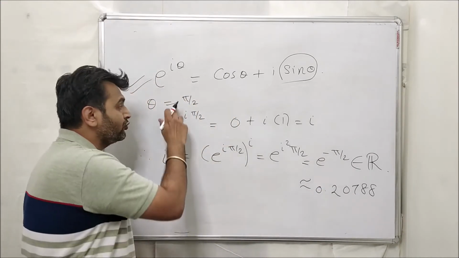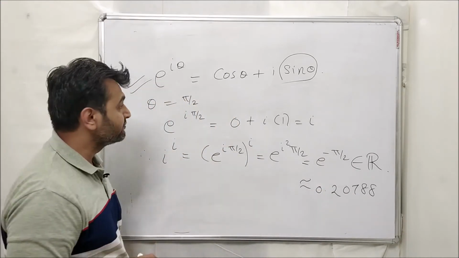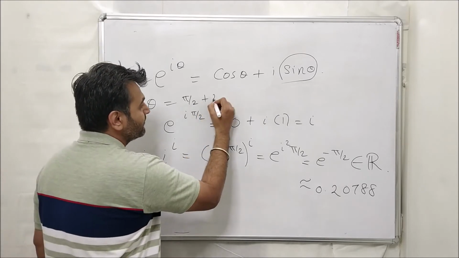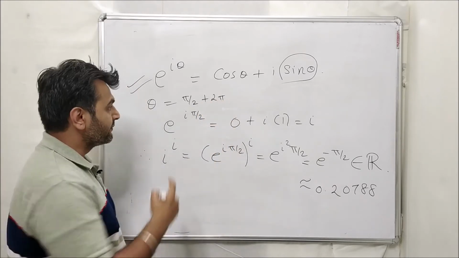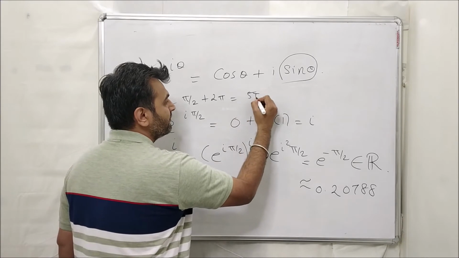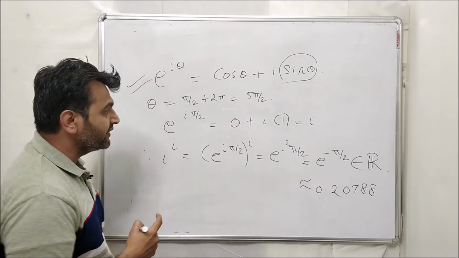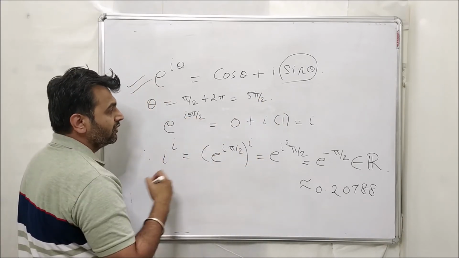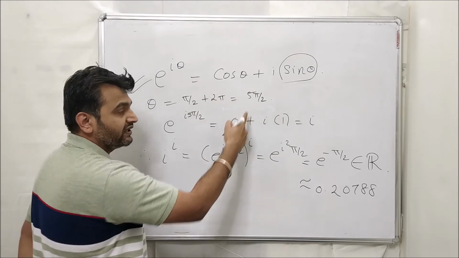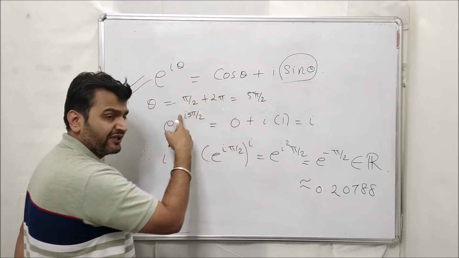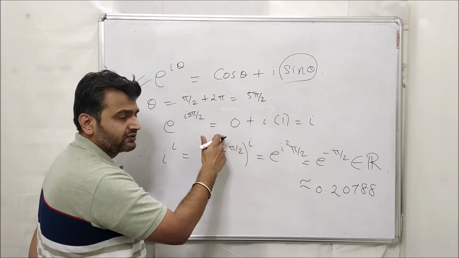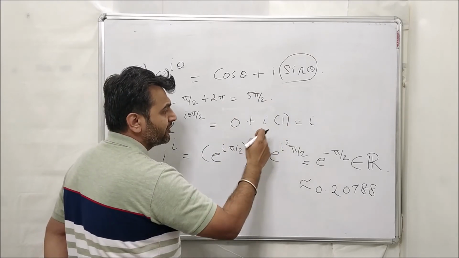So here I took pi by 2. Suppose you are smarter than me, and you take theta equal to 5 pi by 2, and you argue with me that if I put 5 pi by 2 here, what is cos 5 pi by 2? It is 0, because cos pi by 2 is 0, and after 2 pi, cos will again be 0. What is sin 5 pi by 2? It is 1.